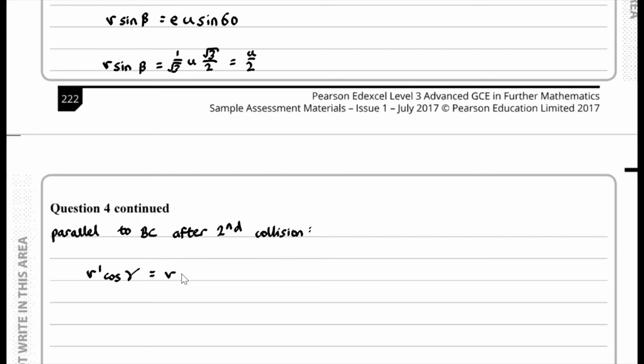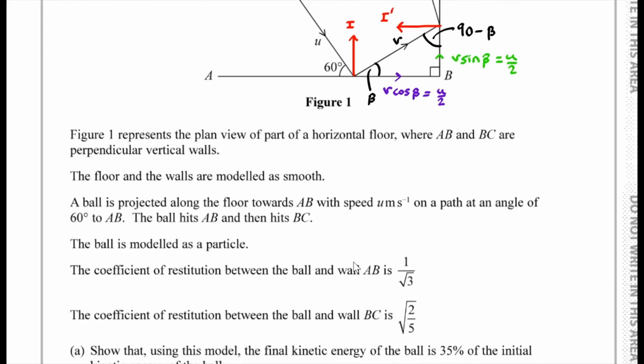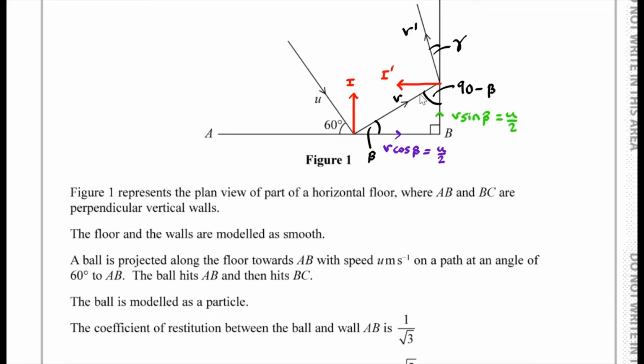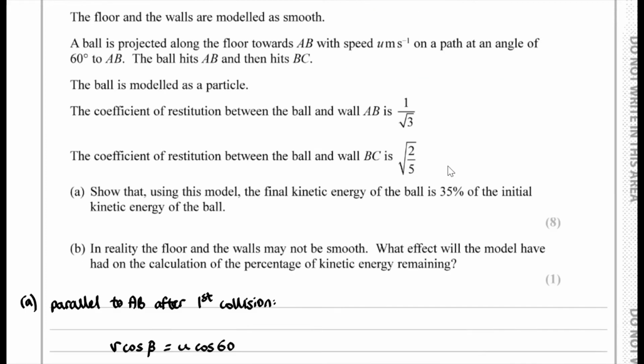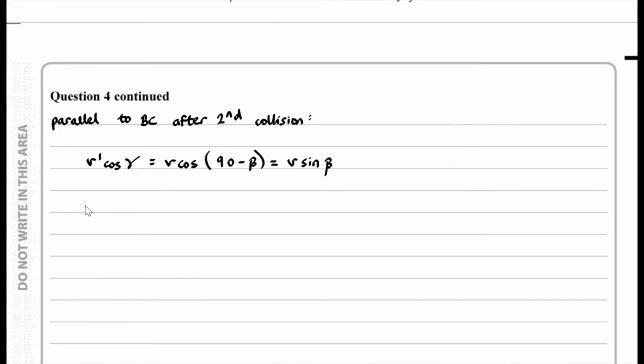So that's equal to V times by the cos of 90 minus beta, and that of course is equal to V times by the sine of beta, and hopefully resolving parallel to BC you can see why that's the case. So therefore V dash cos gamma is also equal to U over 2.